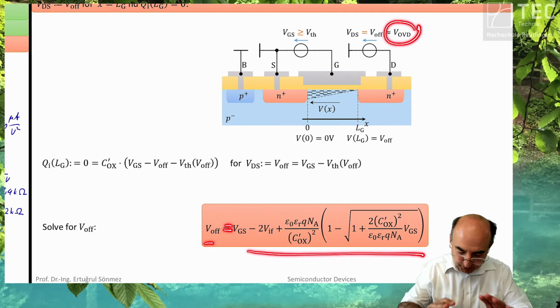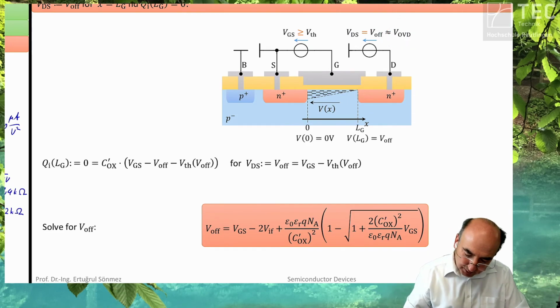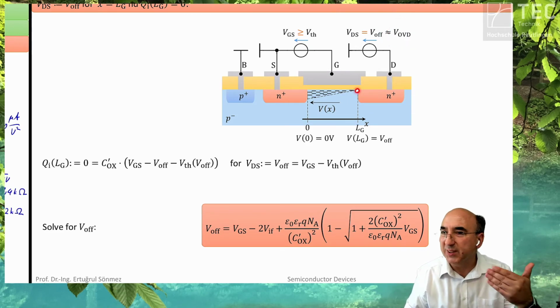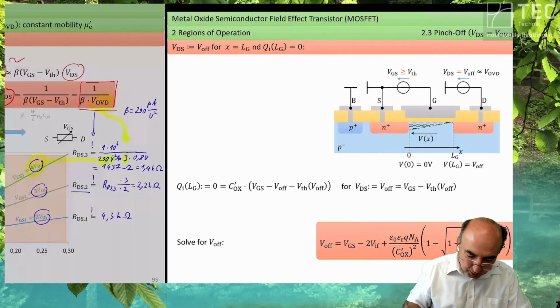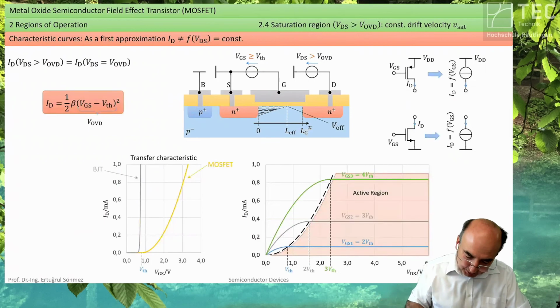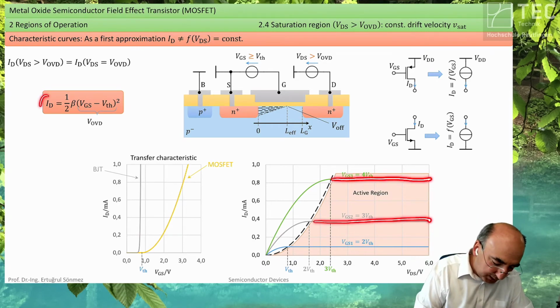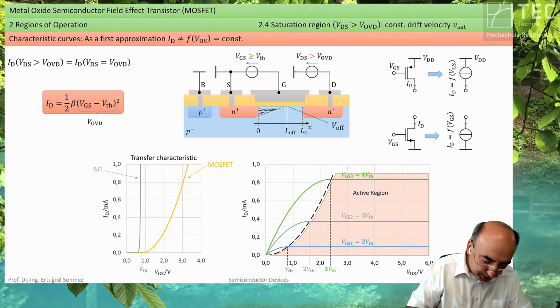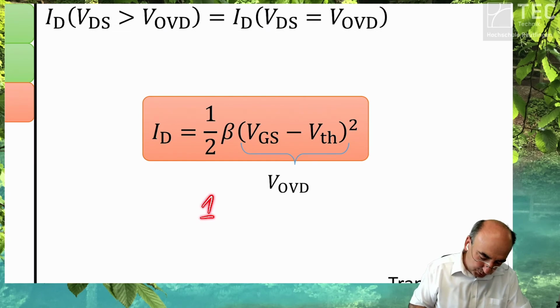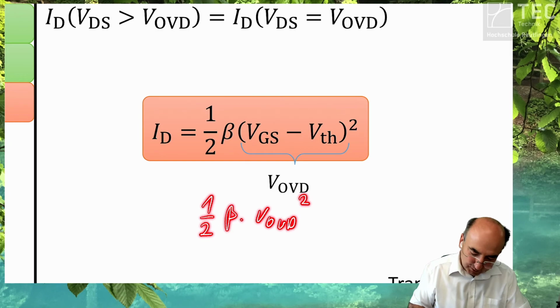Okay, so this is all I wanted to say for the pinch-off, because we know this point already. Now we go on and take a look at the maximum current. Now we get it here again: 1/2 beta times the overdrive square.